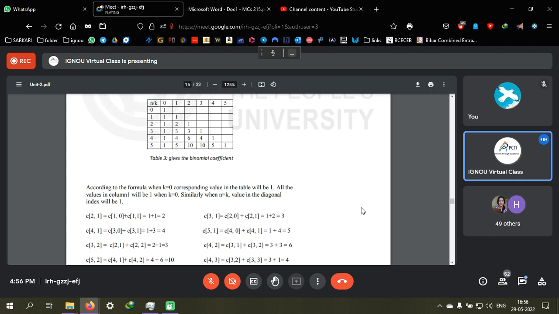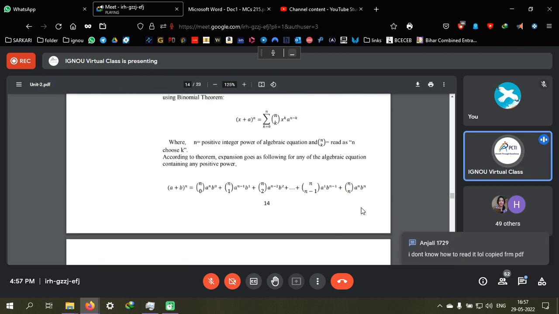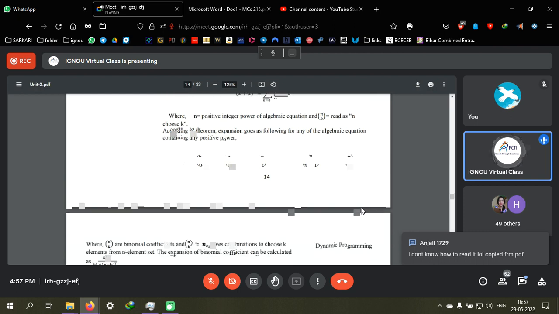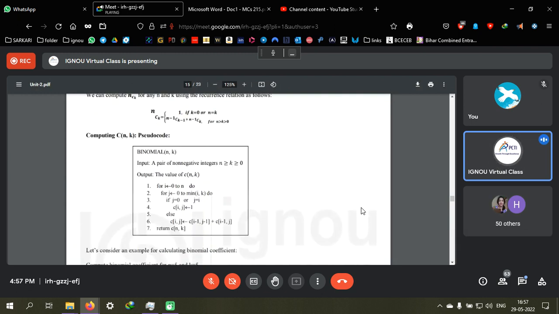Similar to the binomial theorem, we have to compute this using dynamic programming. Here we are computing nCk.